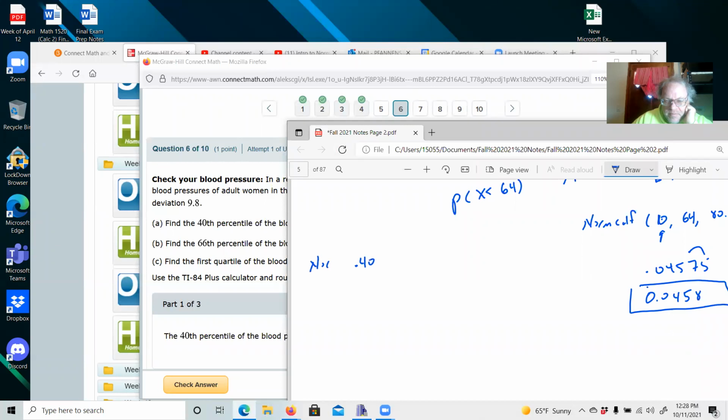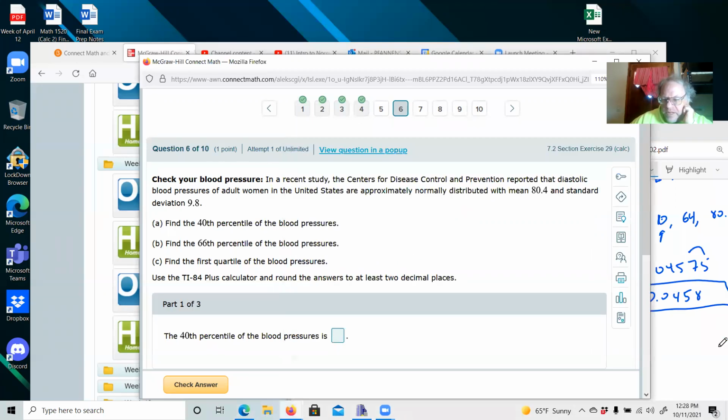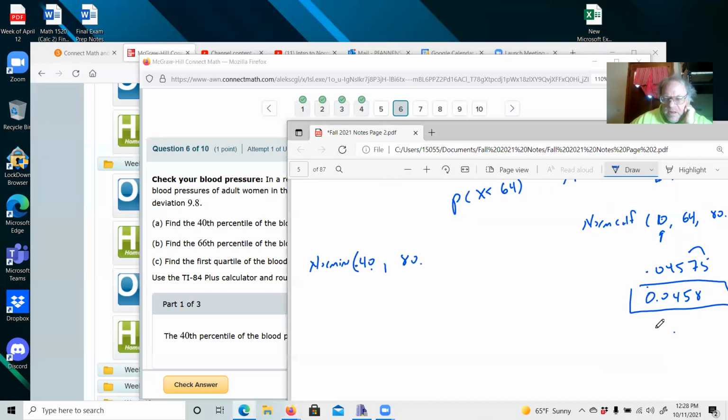So we use norm inverse. The probability is 40%. Oh, good, they gave us nearly the same story, but 80.4 in this case. Be careful. And 9.8 as opposed to 9.6. So again, be careful about that.